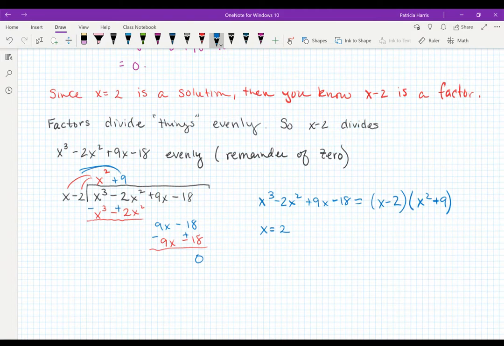Now, remember, this is a cubic, sorry, I apologize for that. So I should have 3 solutions. Well, there's one. Now I need to get the other ones. So we're going to set this equal to 0 and solve it.